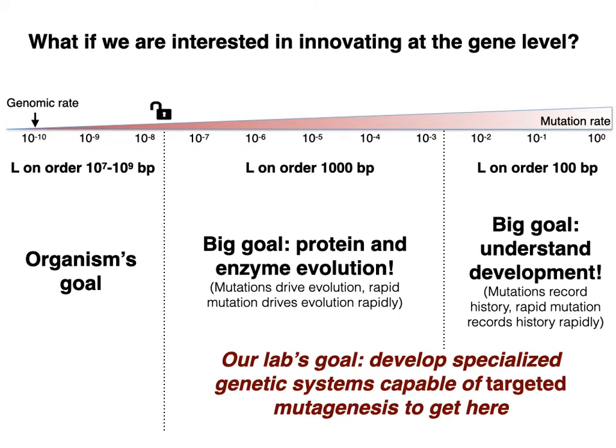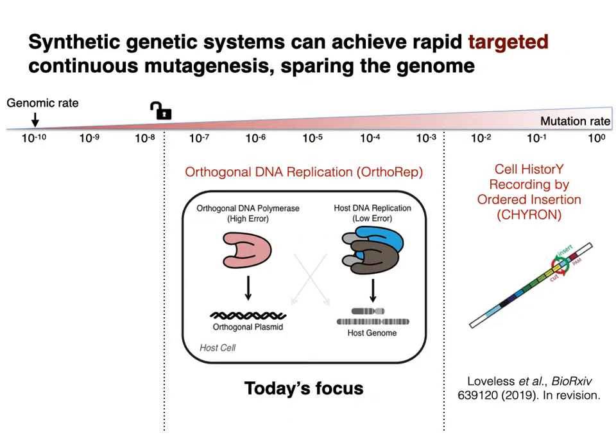So this brings me to the broader goal of my lab, which is to get these high mutation rates in living cells and break this lock. To do so, what we do is we build targeted mutagenesis systems that direct a high rate of mutation to only particular genes of our choosing, while allowing the rest of the host genome to stay at its necessarily very low mutation rate.